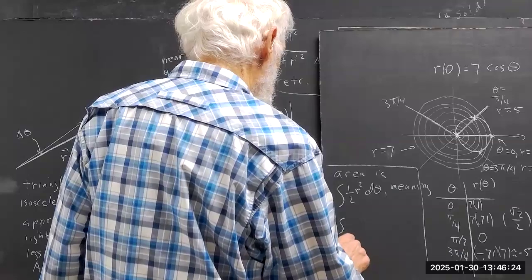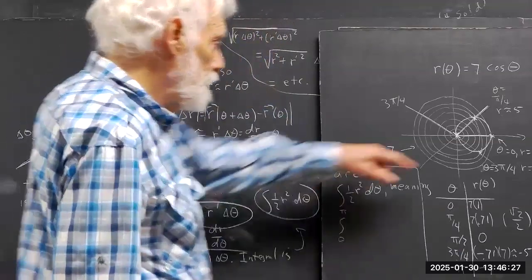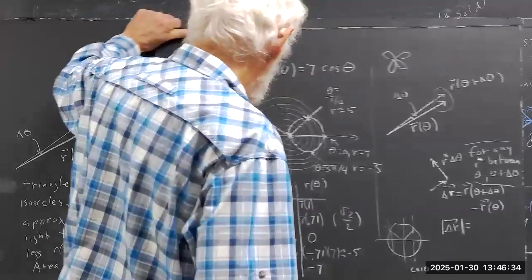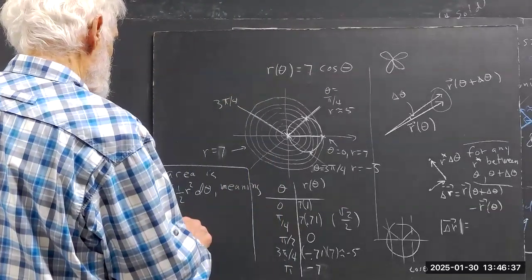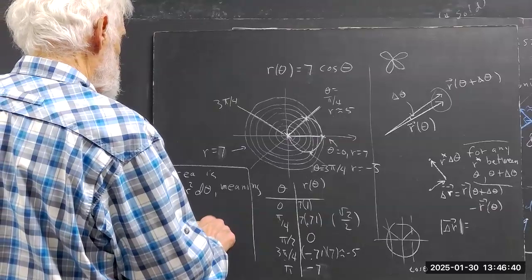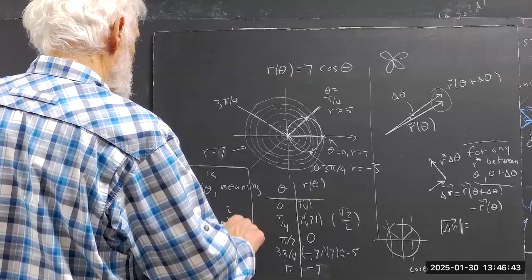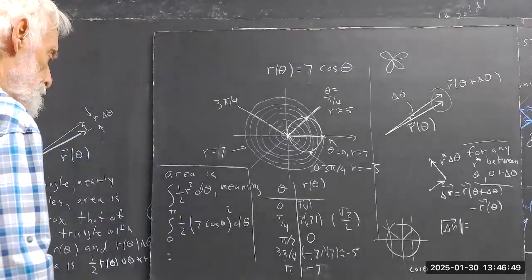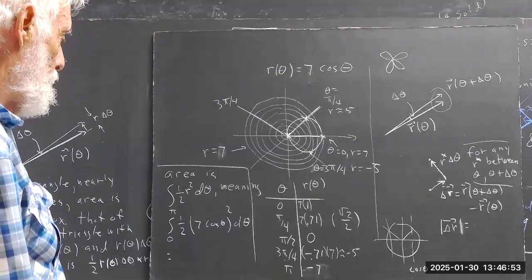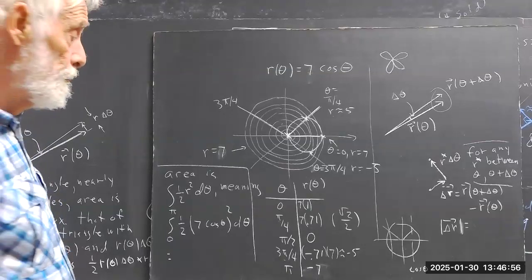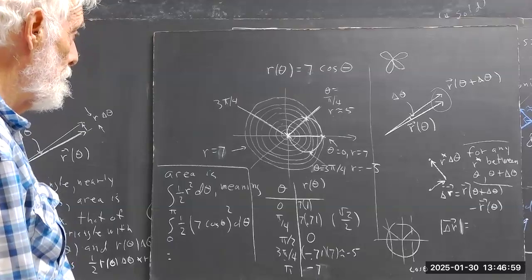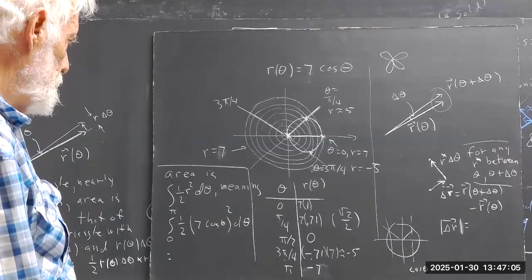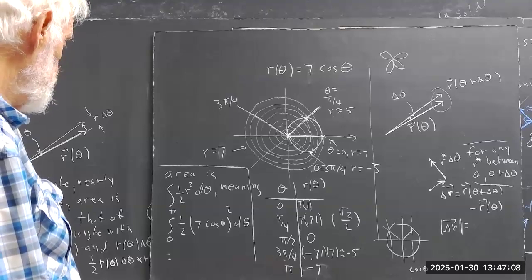This means the integral from 0 to pi, because remember theta went from 0 to pi and we traced the circle out, of 1/2 of 7 cosine theta squared d theta. That is going to give me what I think it ought to give.